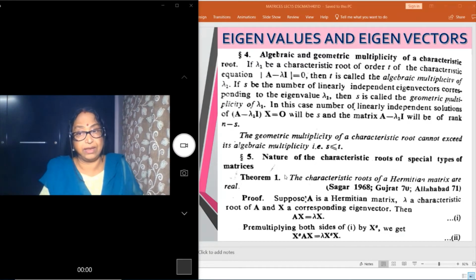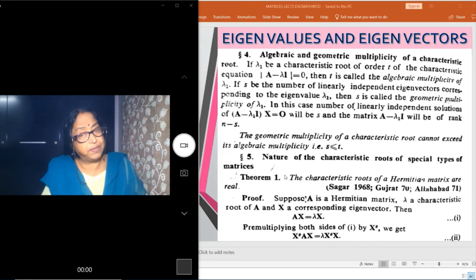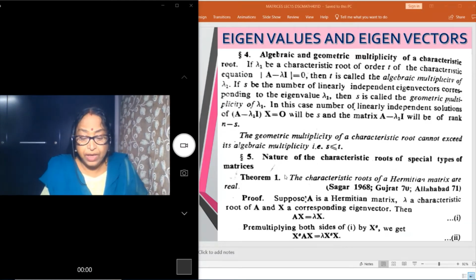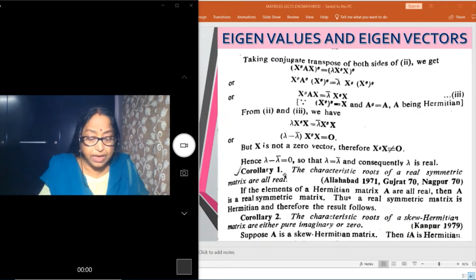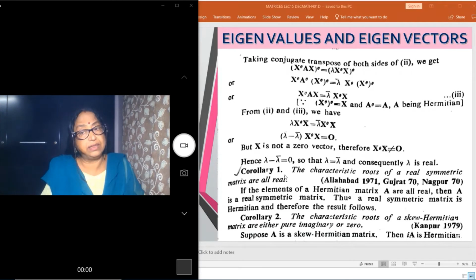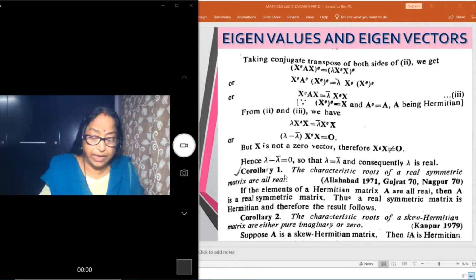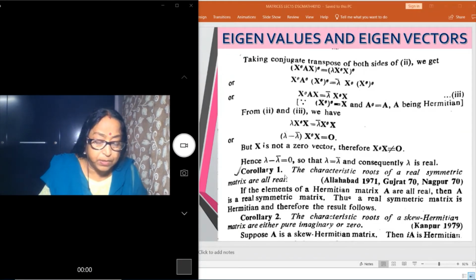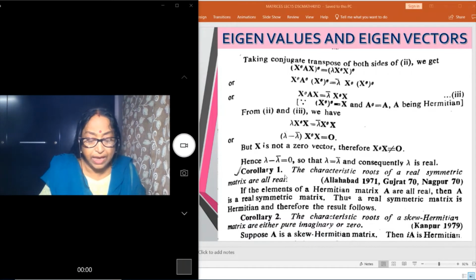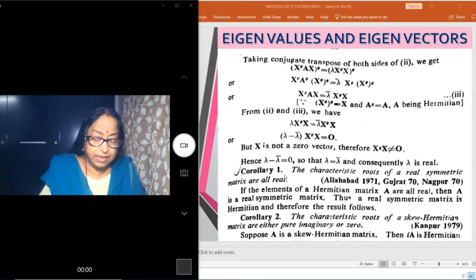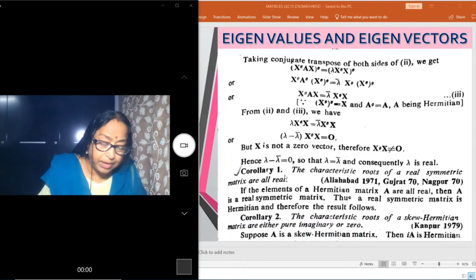What is x theta? I explained earlier also. Taking conjugate transpose, x theta means conjugate transpose, or transpose conjugate, is known as x theta. Taking conjugate transpose on both sides, we get x theta A theta equal to lambda x theta.